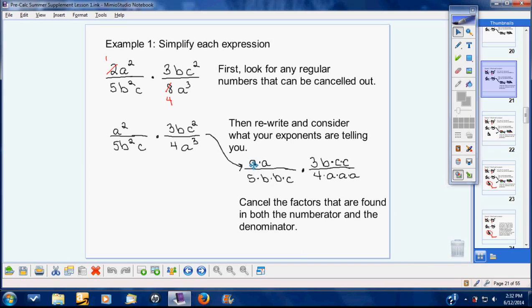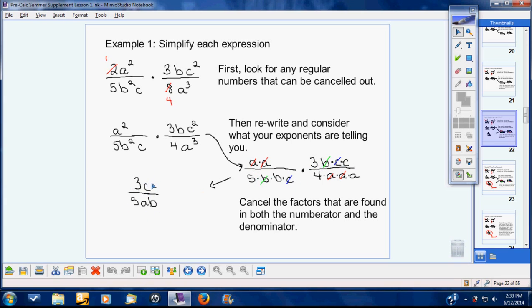I can cancel top to bottom in one fraction or top of one fraction to the bottom of the other. So what we'll do is we're going to slash out all the ones that are in common, A and A, A and A, B and B, C and C. And once they're canceled out, our answer is what's left.